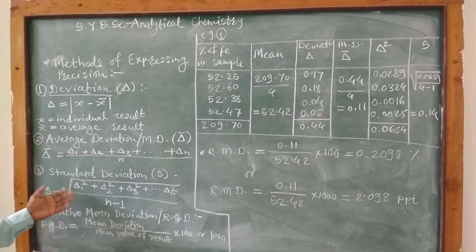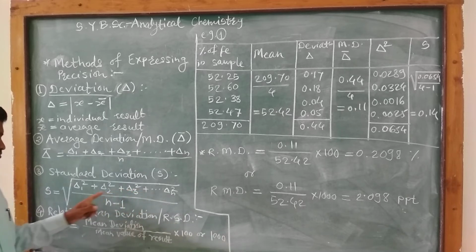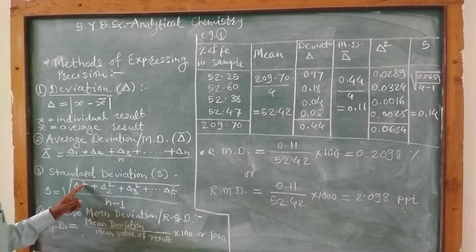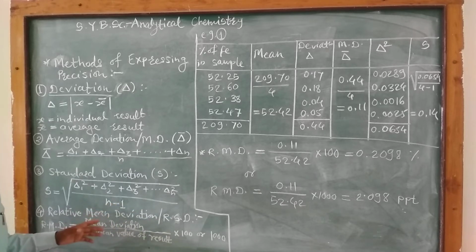So standard deviation can be defined as the square root of the sum of the squares of deviations divided by one less than the number of measurements.